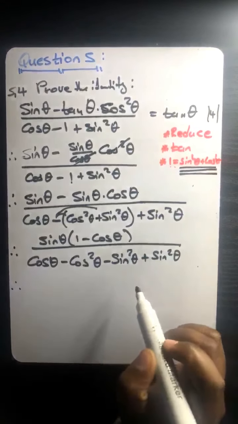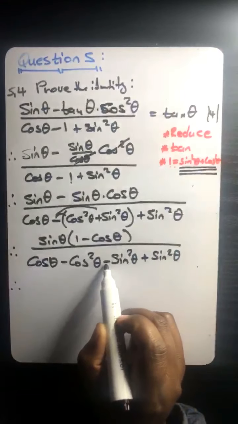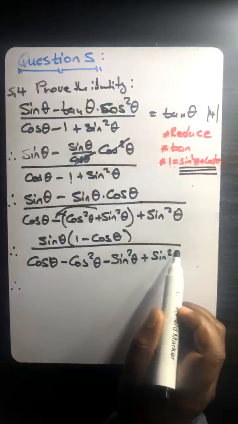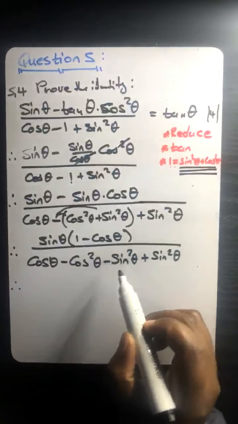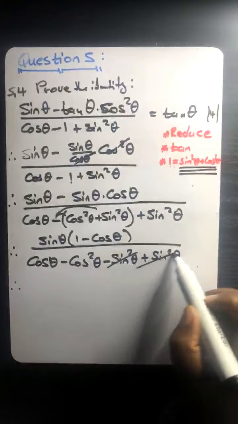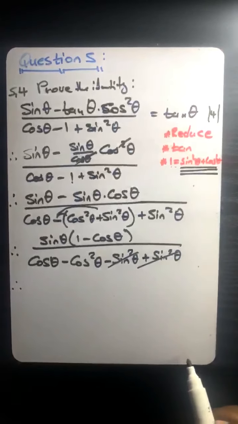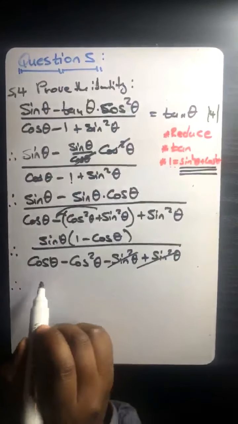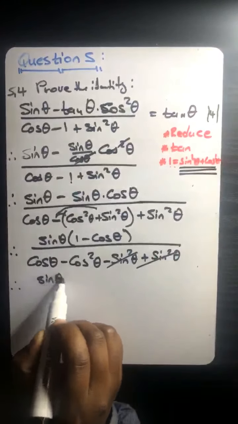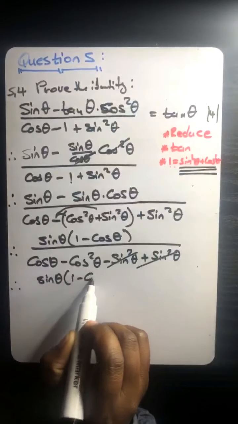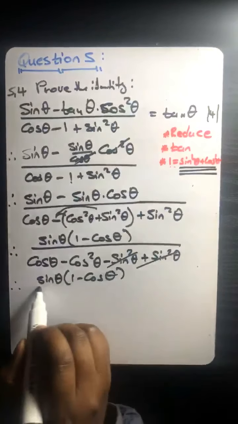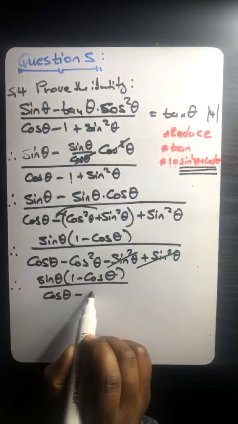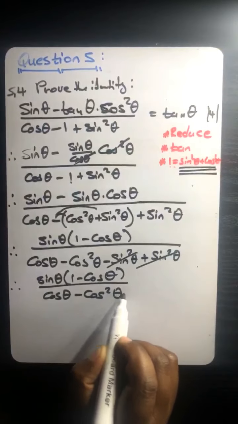Okay, so now can you see that you have negative sine squared theta plus sine squared theta? So it's more like negative 1 plus 1. Do they not cancel these two? They do. Then in that case, we remain with sine angle into 1 minus cos angle all over cos angle minus cos squared angle.